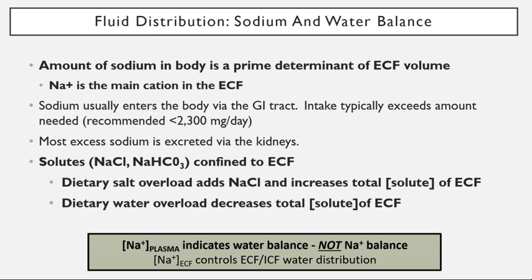So the amount of sodium in the body is a prime determinant of the extracellular fluid volume. Sodium is the main cation, so that's important because we know that water is going to surround it. I think it's 6 water molecules for every sodium molecule, right? So if you have a lot of sodium, a lot of the water in your body is going to be associated with that sodium.